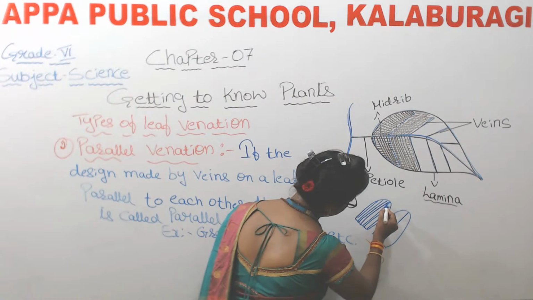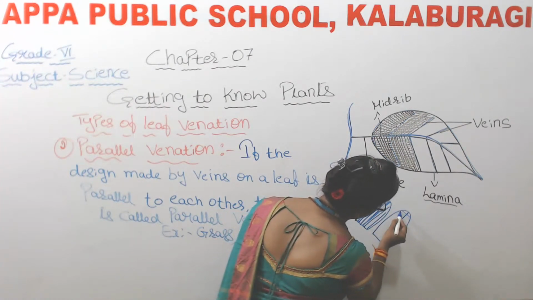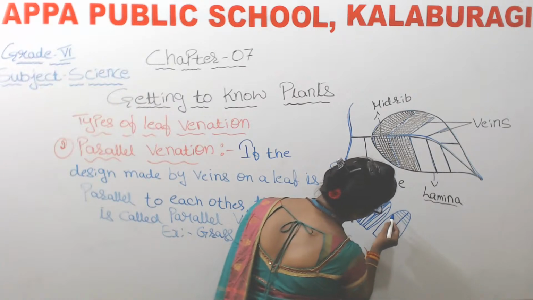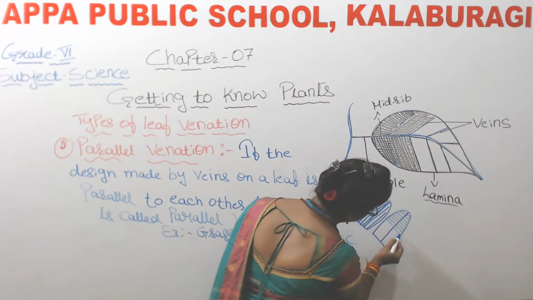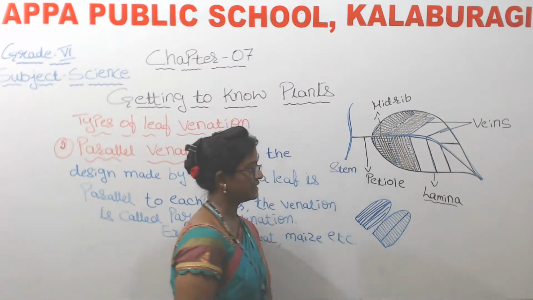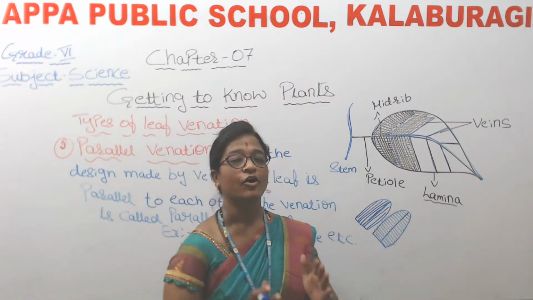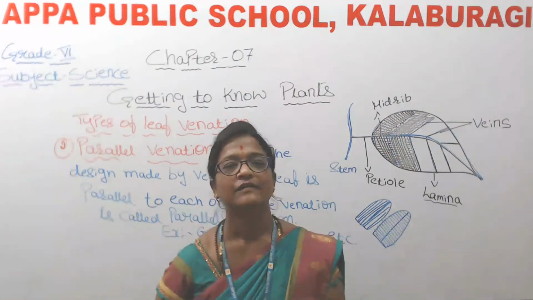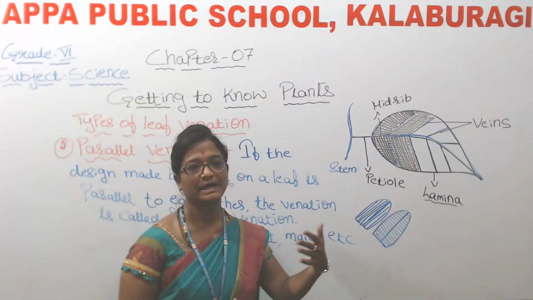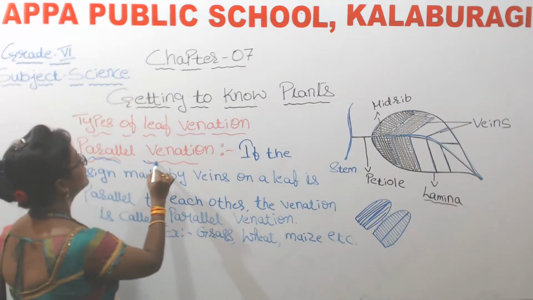This is the midrib, and the veins are either parallel horizontally or vertically. But they are parallel to each other. So this is all about parallel venation.